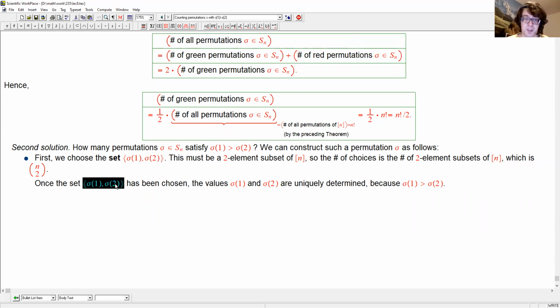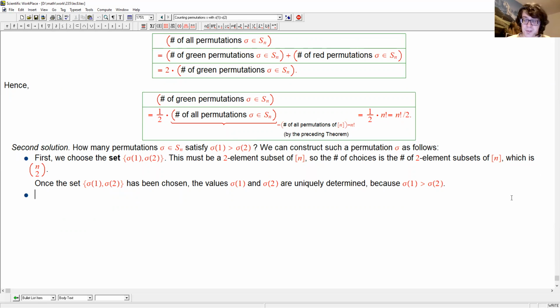Normally, if we had just chosen the set, we would have two options of which element would be sigma 1 and which would be sigma 2. But since we require that sigma 1 is bigger, we have only one option. Sigma 1 has to be the bigger element of the set and sigma 2 the smaller.